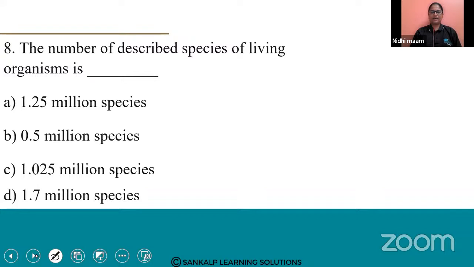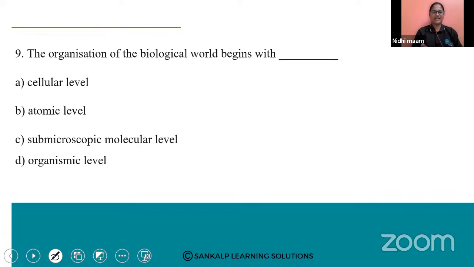Vaividya answered it. Okay. D. Valentina, Dhavina, Redmi. Okay. So most of you voted for option D, that is 1.7 million species, exactly the right answer.